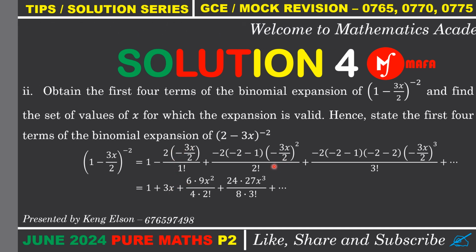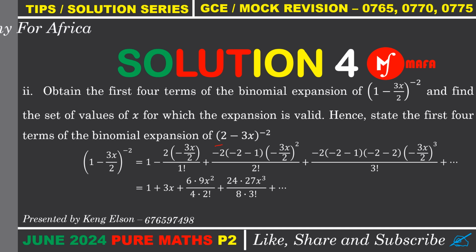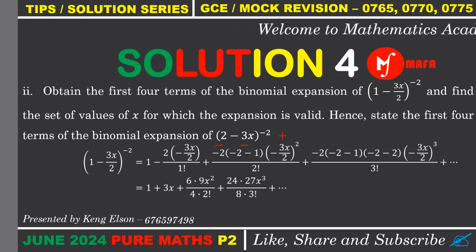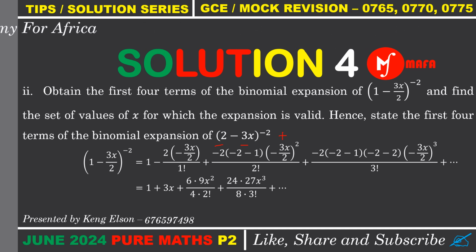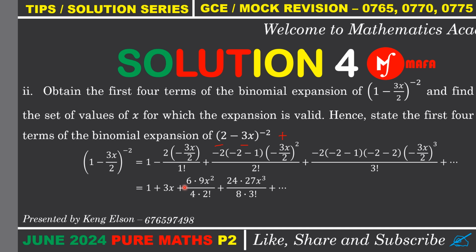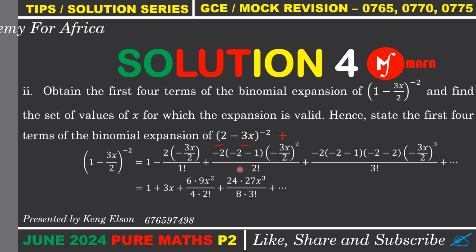Let us go to the third term. In the third term, we have a negative sign here, and another negative sign here. When we square a negative, we get a positive sign. So negative times negative is positive, and the resulting sign is positive. I'm dealing first with the signs before the numbers. Now let us go to the numbers.